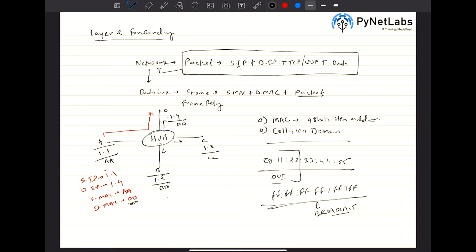Okay, flooding. But there's a difference, because there comes another word. There is one thing called flooding, and there is another thing called layer 2 forwarding. These two look similar in terms of their responsibilities, but they are two different things.